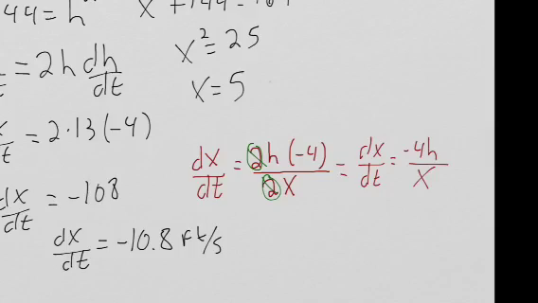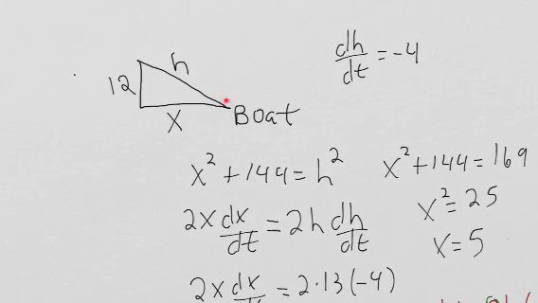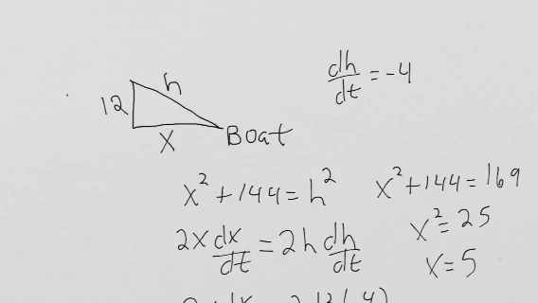Well, if we look at our triangle, when x gets small, h is only going to get really close to 12, which is the height of the winch above where the boat is. So this h value is never going to become smaller than 12.